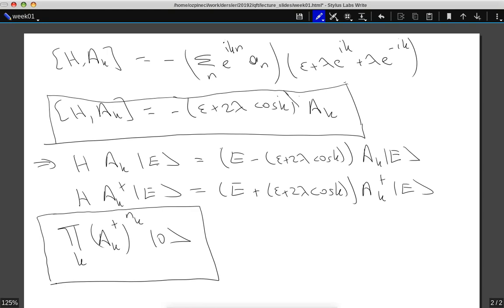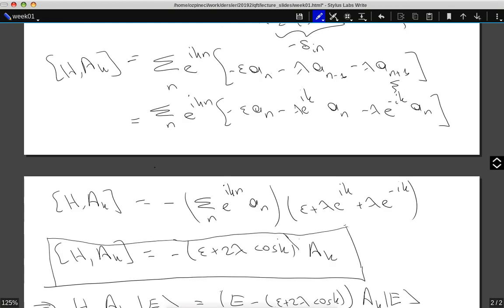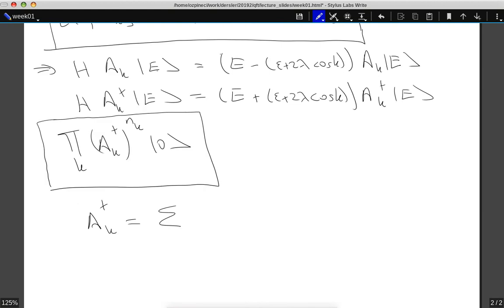But let's look at what ak is. We had defined this ak, or ak dagger, is e to the power minus ikn an. As I said, this is just a plane wave solution.